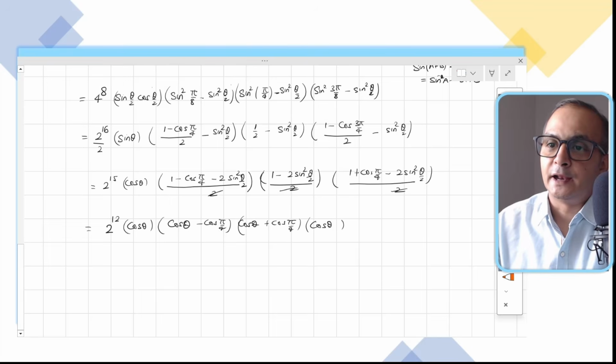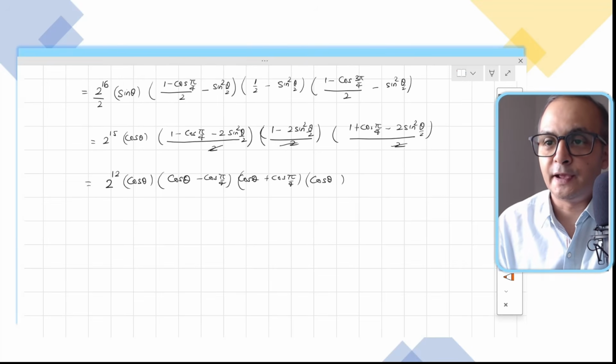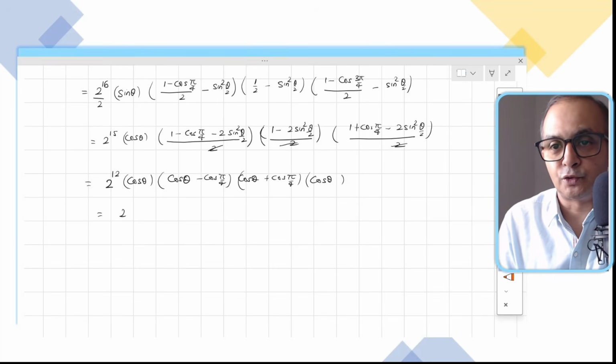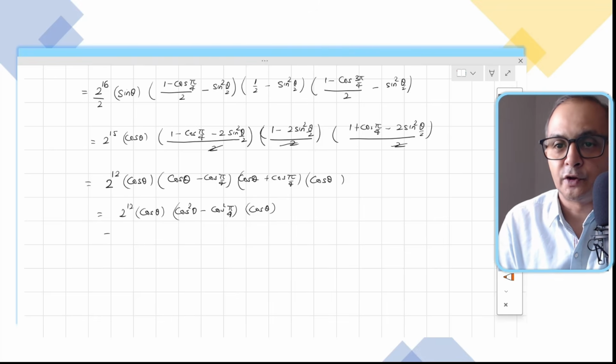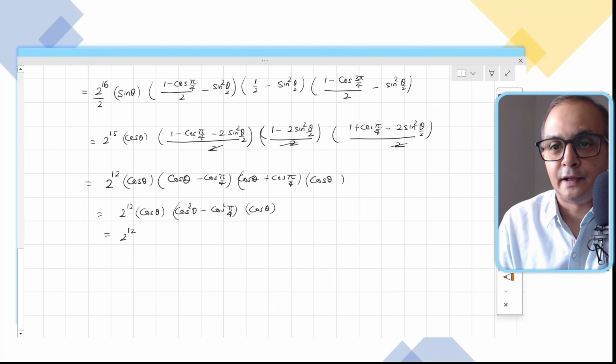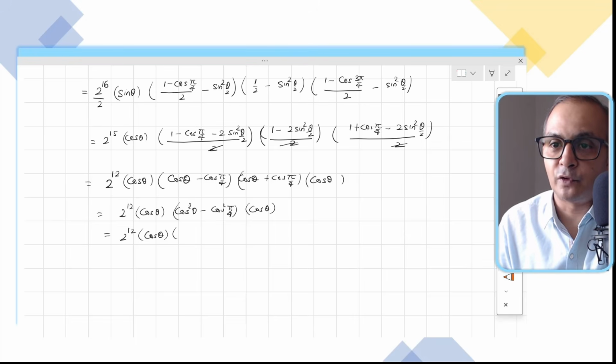All right. Now again, you notice this is going to be a plus b, a minus b. So this is 2 to the power 12 cosine theta. This is cos squared theta minus cos squared pi by 4. And this is cos theta again. So we got it here to the power 12. And again, cos theta, and cos squared pi by 4 is 1 by 2.